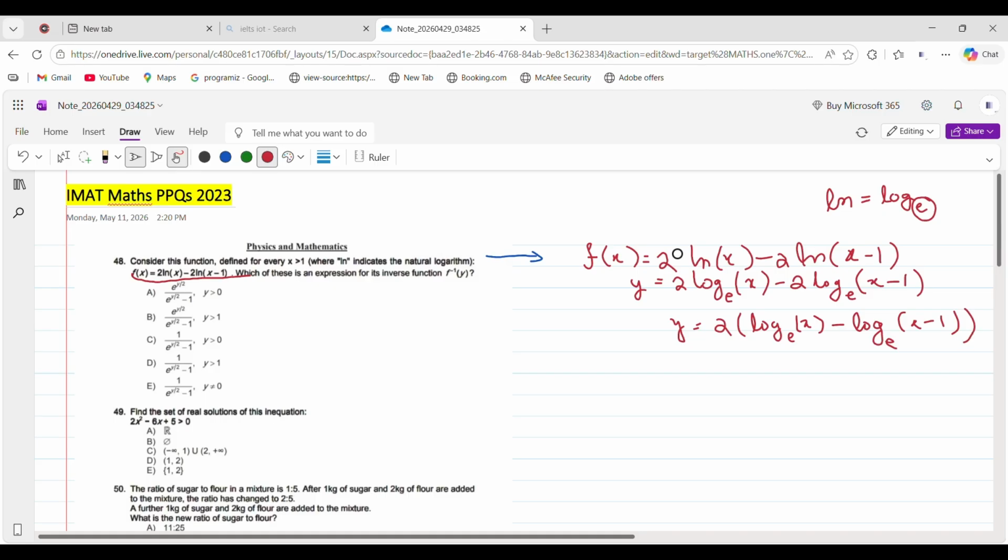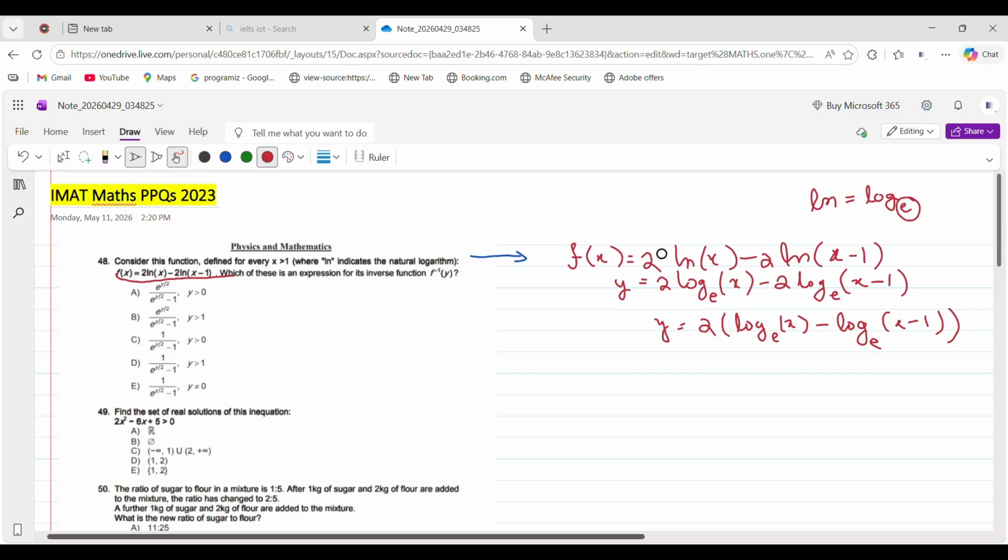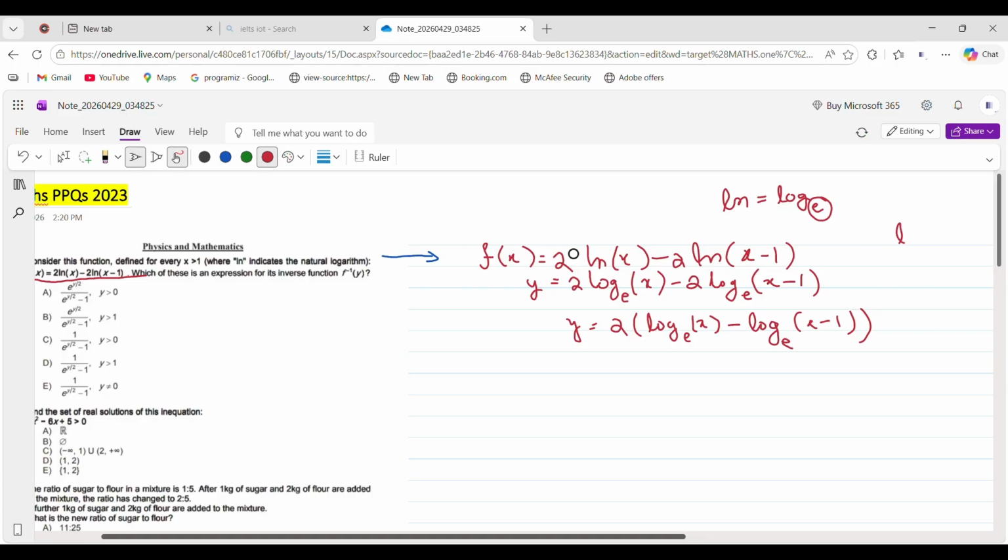Now you must know the property of logarithm, which basically says if you have two logs, log m minus log n, it can also be written as one log of m upon n. This is the property. You must be familiar with another property as well: log m plus log n is equal to log of m multiplied by n.